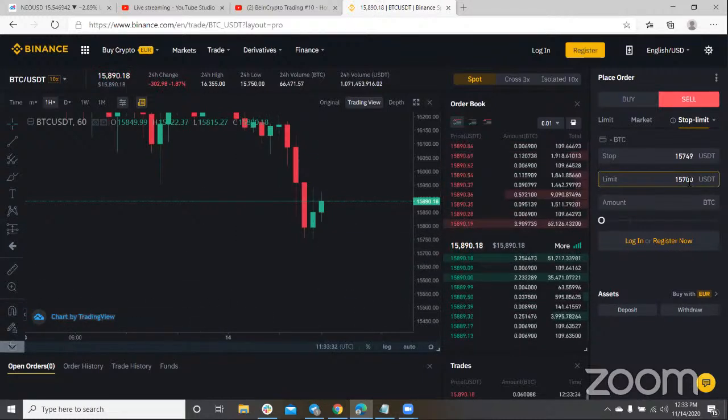This is just the lowest possible number at which your order will get triggered, but not necessarily the price at which it will get triggered. The lower you put the limit order, the higher the chances that it will be filled, because you can have a major dump which blows right through your order and doesn't fill it. However, it can be filled at a lower price.